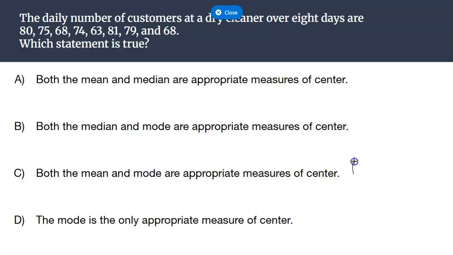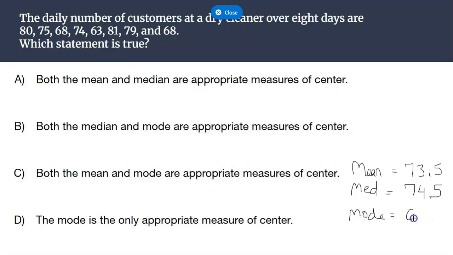If we add all of these up and divide by 8, it comes out to 73.5. That's our mean. For our median, if you line them up least to greatest, our two middle numbers are 74 and 75, making the median 74.5. And the mode is the number that appears the most.